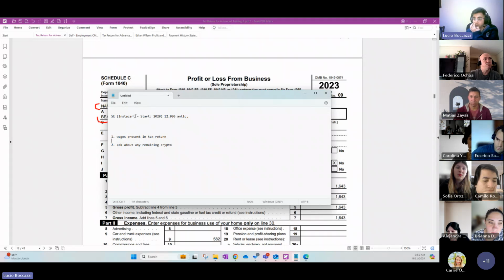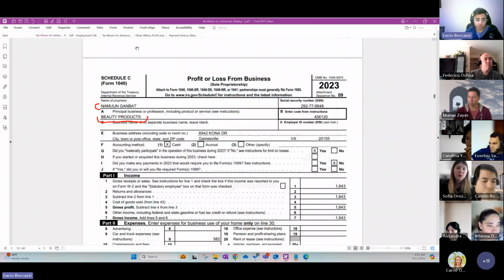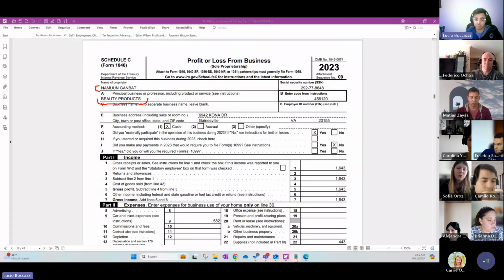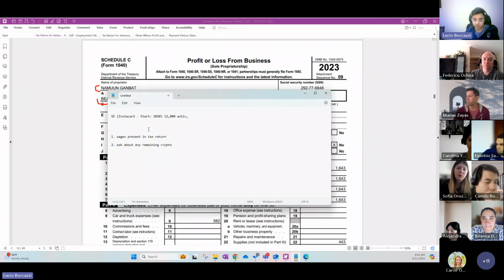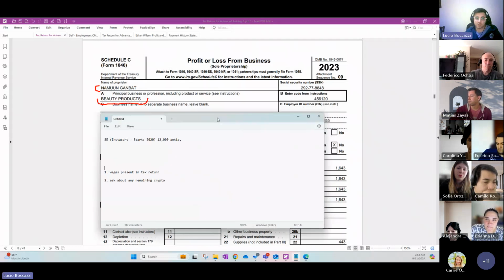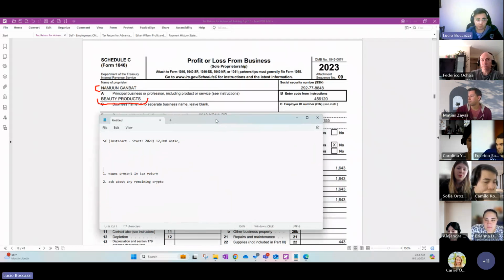Instacart is a service for delivery when it comes to groceries. So we'll go through the Schedule Cs and see what we have here that we may need to address or not with the applicant. So the first one that we're going to see, the first Schedule C, is beauty products.